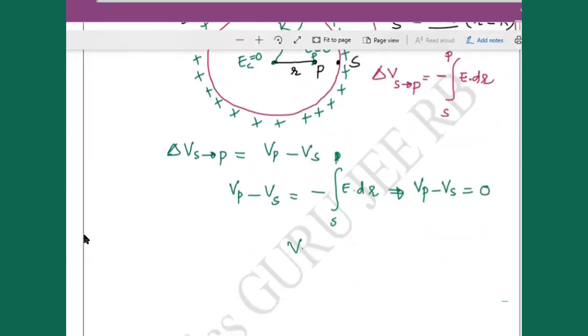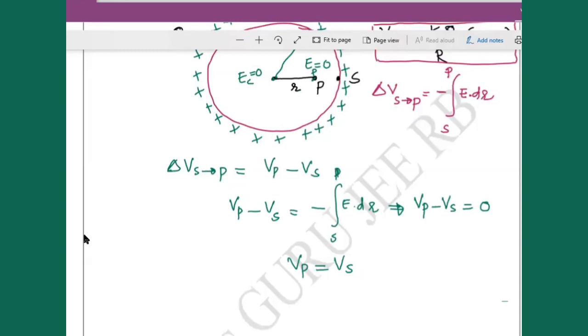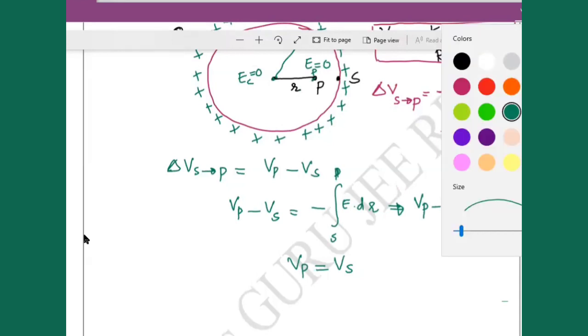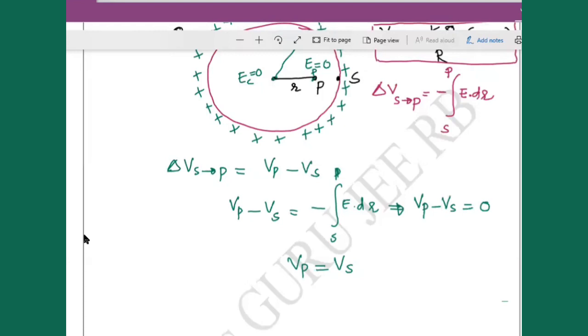VP is equal to VS. So V at a point P is nothing but KQ divided by R. This is the difference here. Is it clear? That means whether you take on the surface or inside, the potential will be the same.